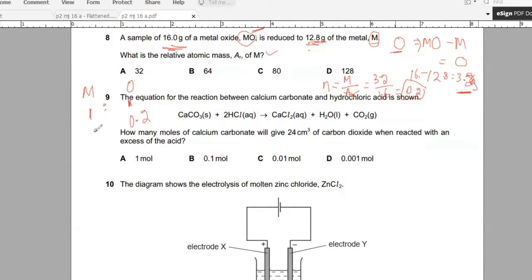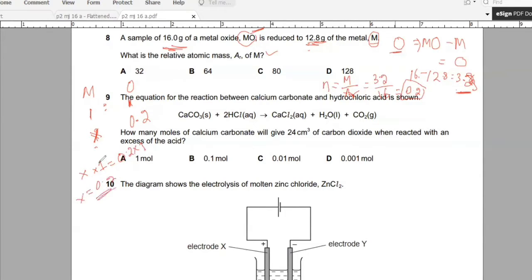Then what is the mole of M? Take it as X. X times 1 equals 0.2 times 1, so X will be equal to 0.2.